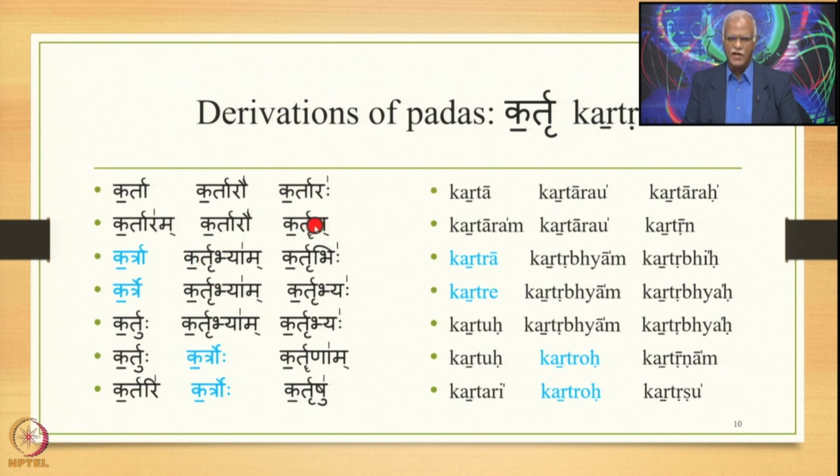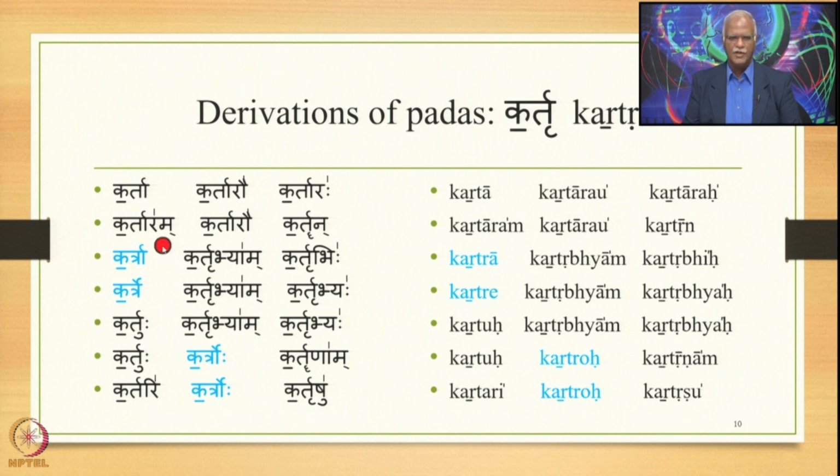Karta kartarau kartaraha, kartaram kartarau kartrun, kartra kartrubhyam kartrubhihi, kartre kartrubhyam kartrubhyaha, kartuhu kartrubhyam kartrubhyaha, kartuhu kartroho kartrunam, kartari kartroho kartrushu. These are the forms derived.